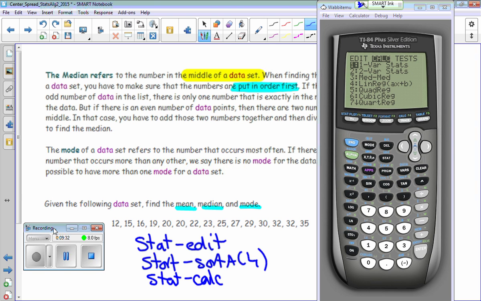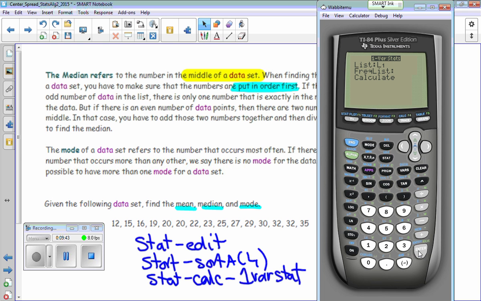I'm going to calculate one variable statistics, which is the first option, 1-Var Stats, and you hit enter. It's going to prompt you what list you need these statistics done on. I believe the default is L1, which is where we put our information.